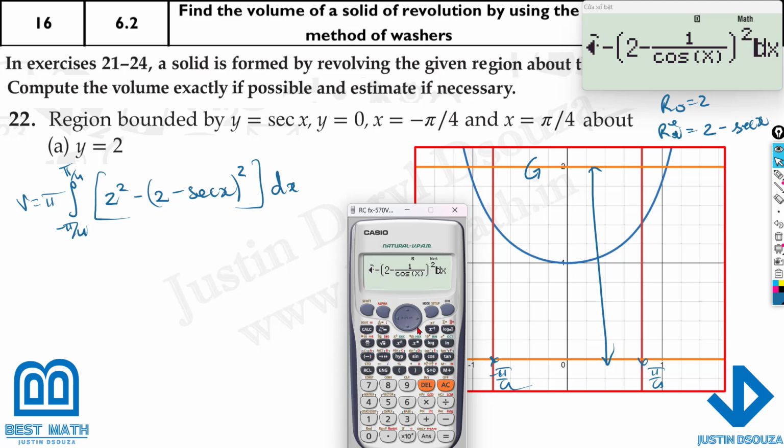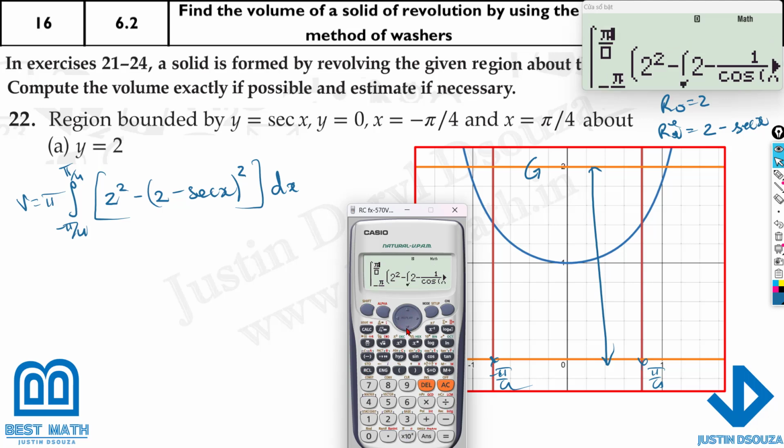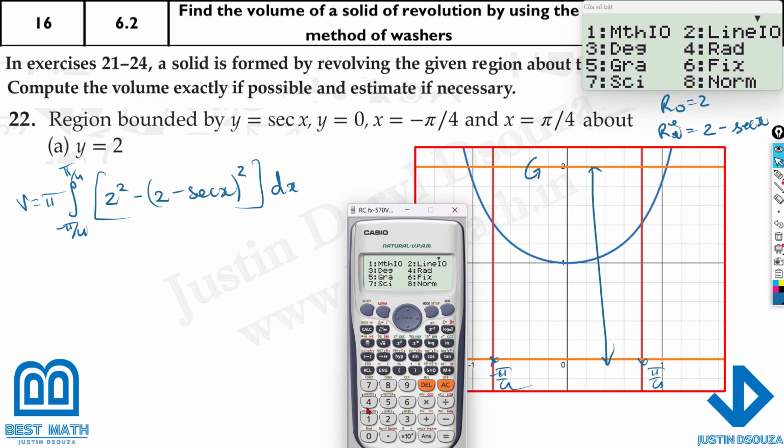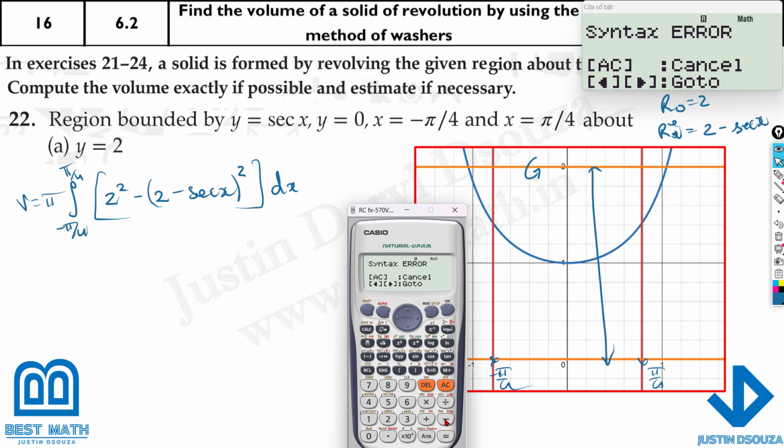This entire thing will be squared. And what are the limits? It's negative pi by 4 to pi by 4 as well. Now, please don't use degree mode. This is in degree mode. If you can see here, it's D, shift mode 4. Now you'll get the correct answer.